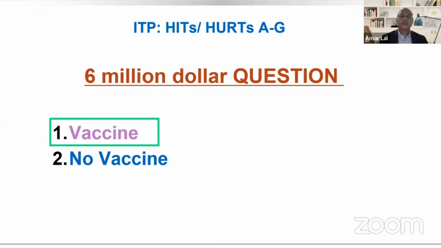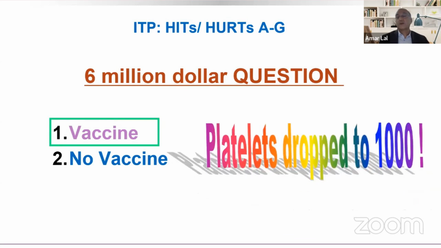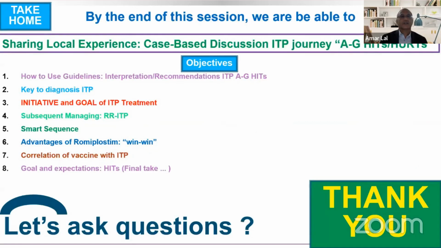So I told him, take the vaccine, no problem. Then what happened? Platelets dropped to 1,000. Again he was suffering. His physician called me again and asked what I had used for him before. I said romiplostim. He restarted romiplostim, and again within 2 weeks the platelets went up. Now, over 2 months, he is maintaining his platelet count.